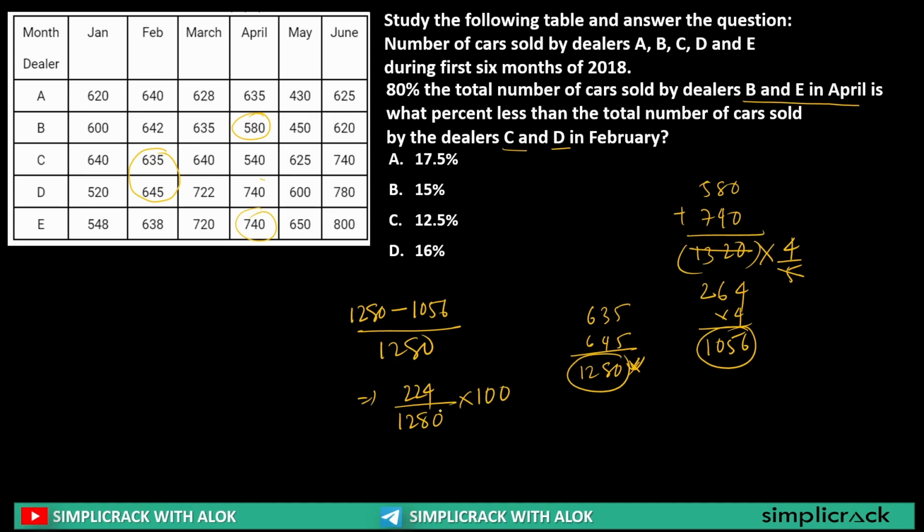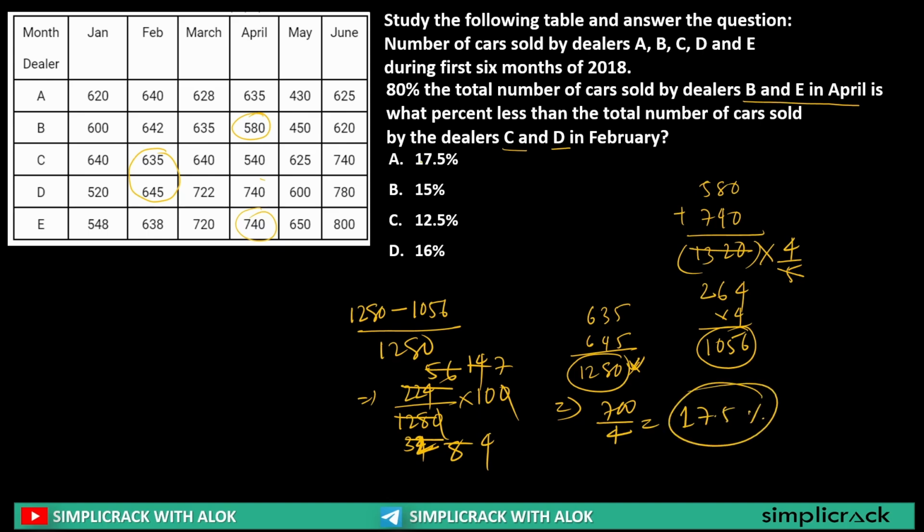Yes, sir, it's right. So the zeros will cross out. 4 into 4s are 16, then 700 by 4, or I can write 17.5. 17.5% is the answer. So this is the answer. I hope you are clear about this.